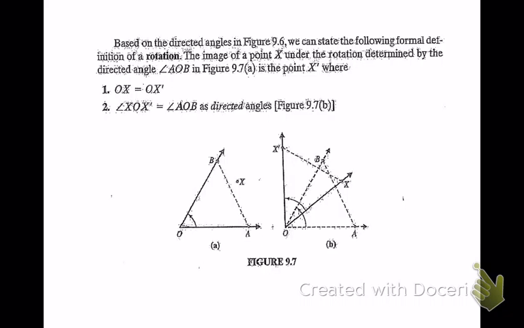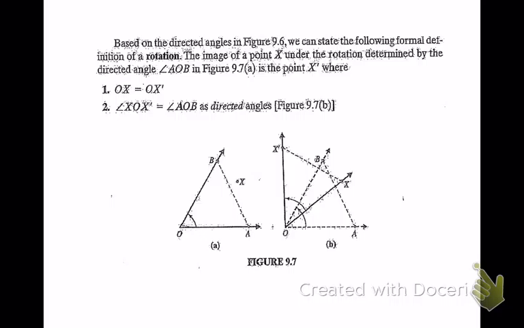Based on the directed angles in figure 9.6, we can state the following formal definition of a rotation. The image of a point X under the rotation determined by the directed angle AOB is the point X prime.